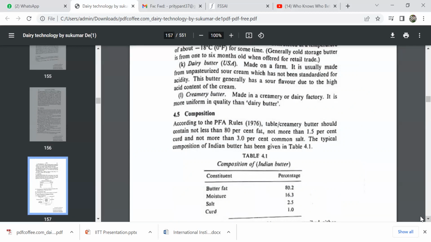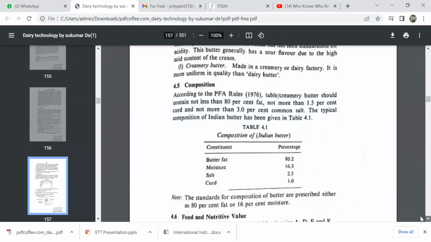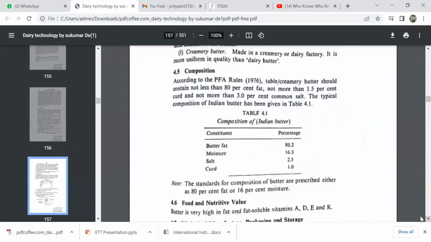तो ये important points हैं, इनको याद रखेंगे कि not less than 80% fat, not more than 1.5% curd, and not more than 3% common salt. If we talk about the composition of Indian butter, it has butter fat 80.2%, moisture 16.3%, salt 2.5%, and curd 1%.